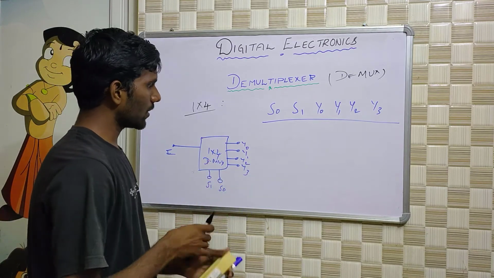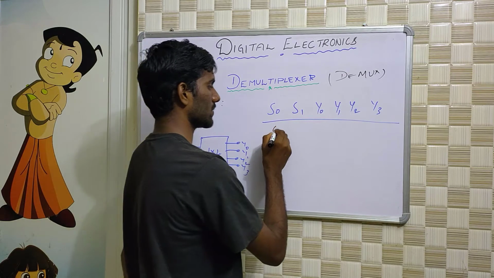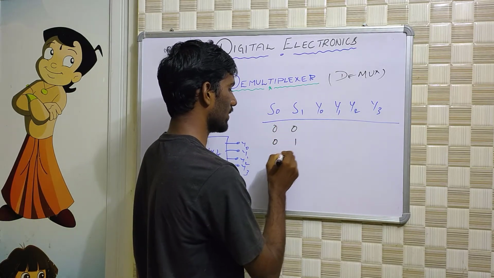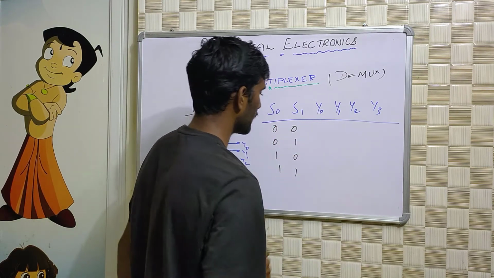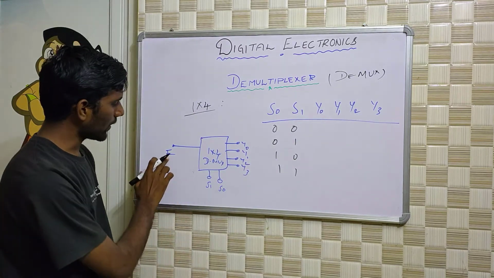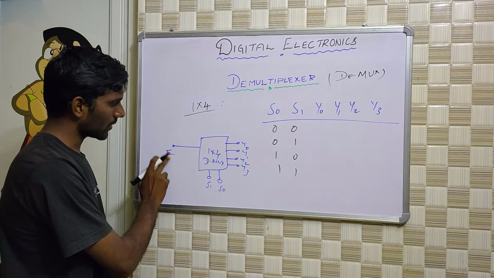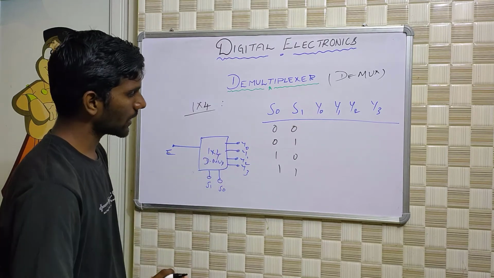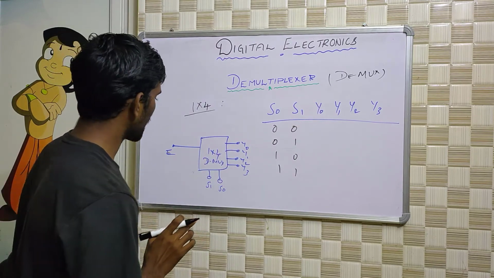Based purely on the selector lines, 0 0, 0 1, 1 0, 1 1, the enable input line goes to any one of the output lines.